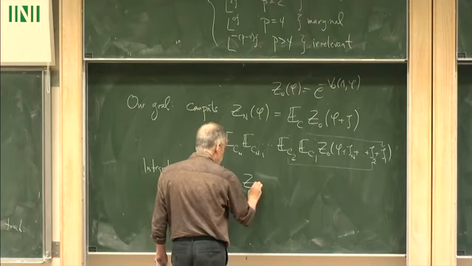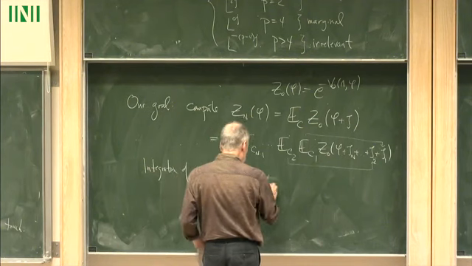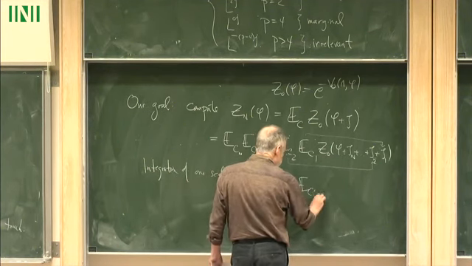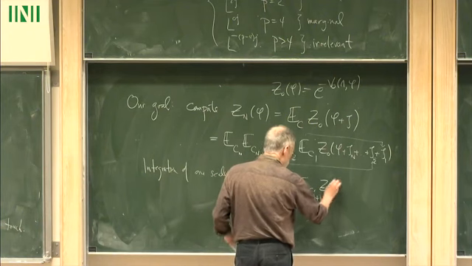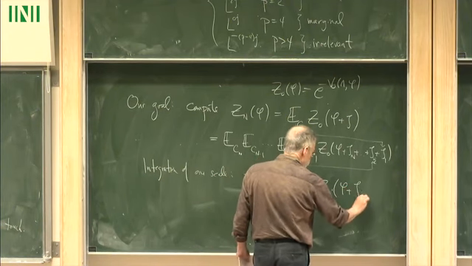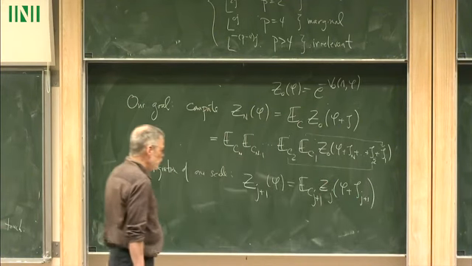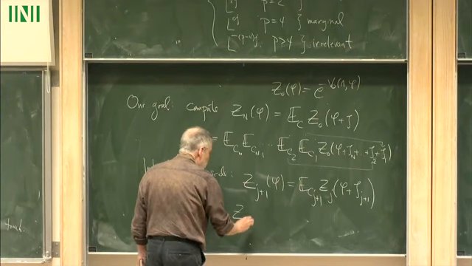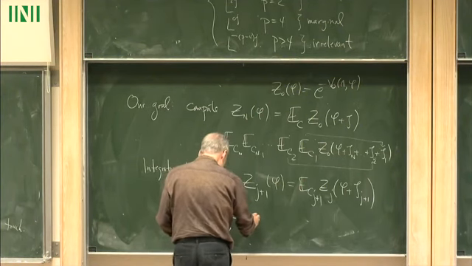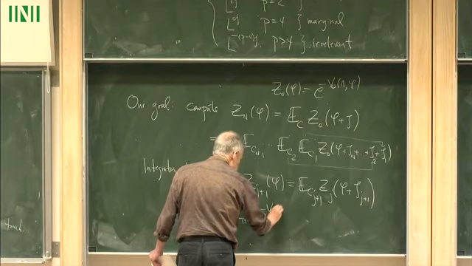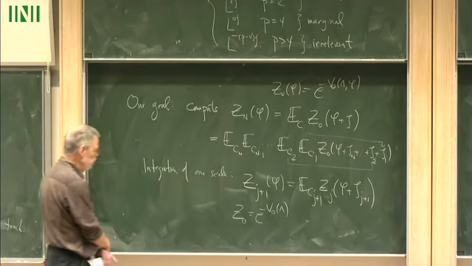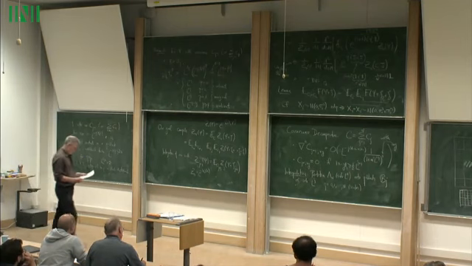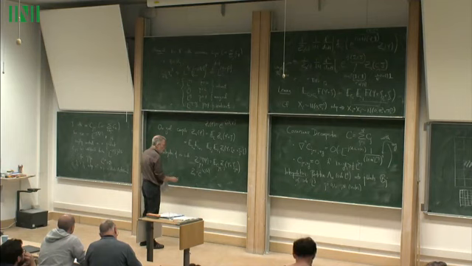will be written as Z_{j+1} of phi equals the expectation of Z_j of phi plus zeta_{j+1}, where this whole thing gets started with Z_0, like I said. So Z_0 is e to the minus V_0 of lambda. And I want to rewrite this.